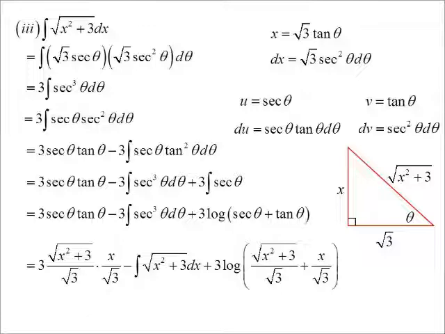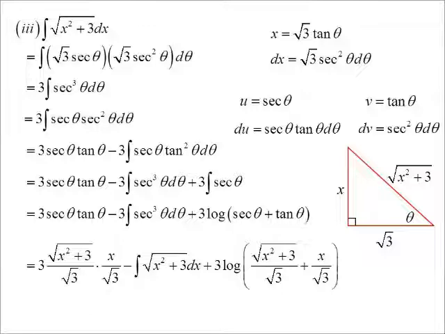If I had moved it over, I've got to be really careful, because it's going to be 6 times the integral. Now, I would have to write that as a separate line, because I'd say 6 times the integral equals. But remember, we're trying to find 3 times the integral. So you still only divide by 2.